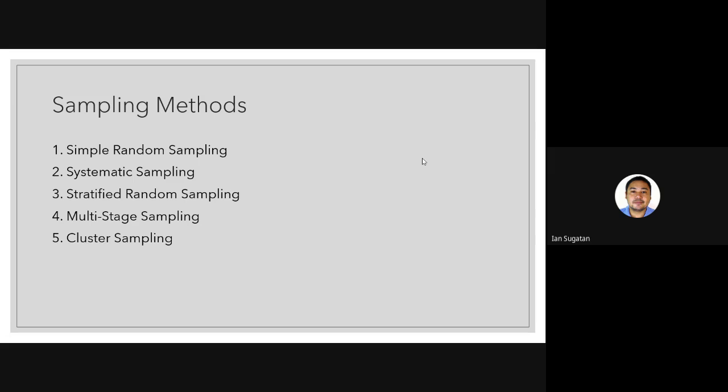So that is systematic. For stratified, stratified random is a complicated one because you have several levels, as it is called, in stratified random. And then the same thing as multi-stage sampling. For stratified, you can have the block or area that you can sample.